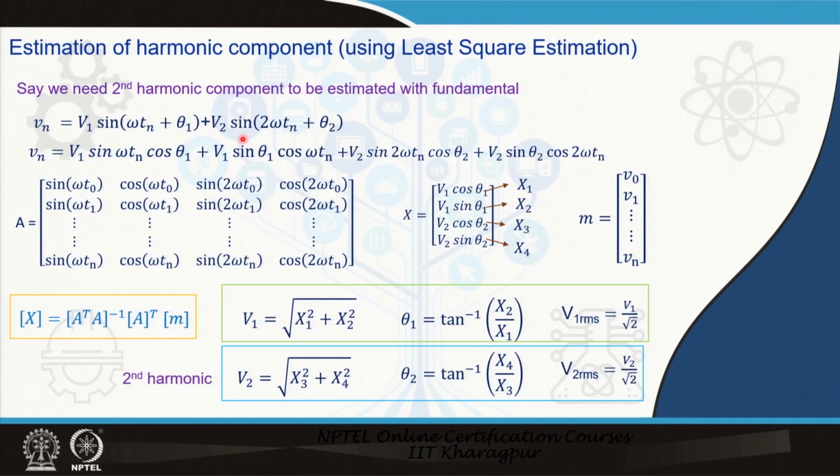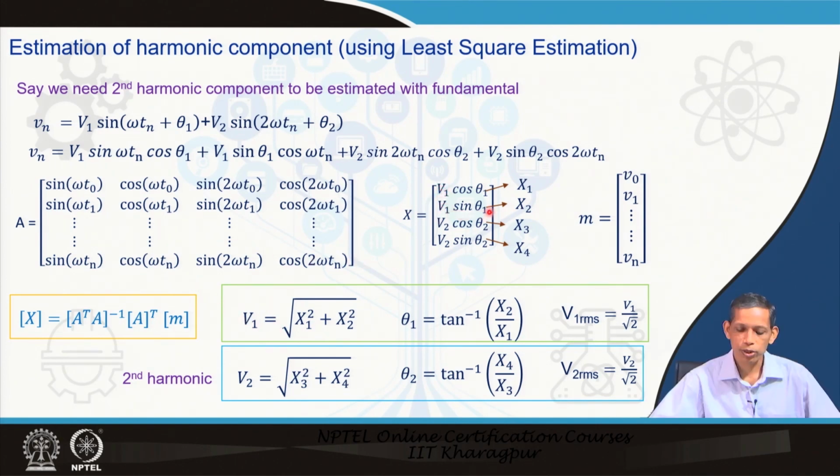However, if you only require the fundamental part V1 and do not require the other part, even though you have modeled it in the system, then the first two rows of the matrix correspond to the fundamental part, and this block represents the second harmonic component.